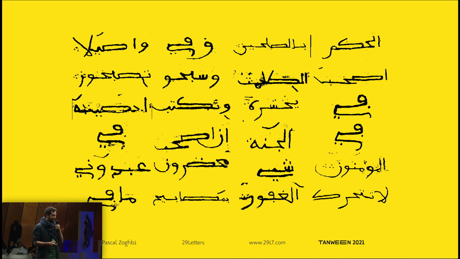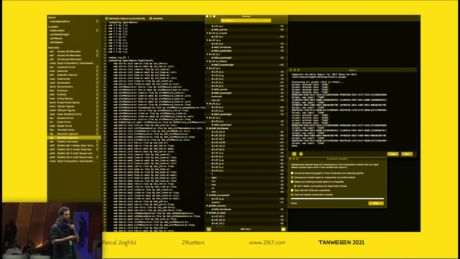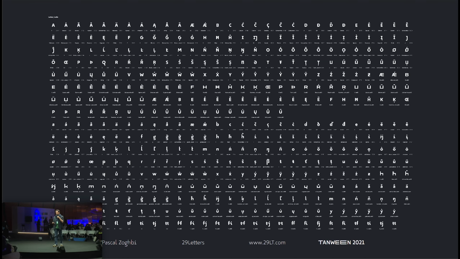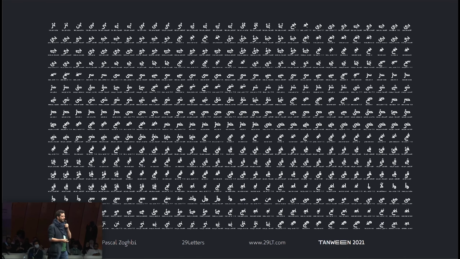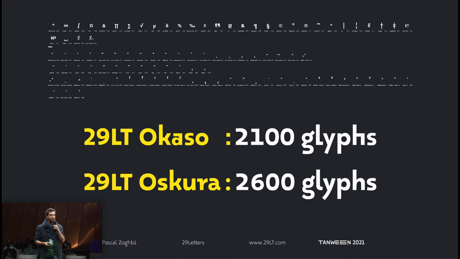And this is only a teaser of the coding, but there's a lot of coding and digital work that we cannot speak about in this talk. The character set at the end for Okaso and Oskura ended up being more than 2,100 glyphs for Okaso and 2,600 glyphs for Oskura.